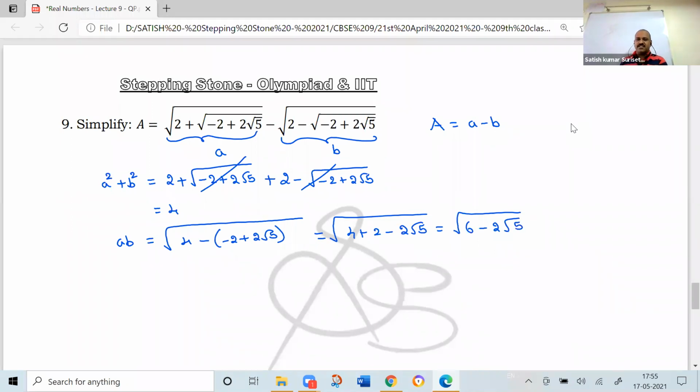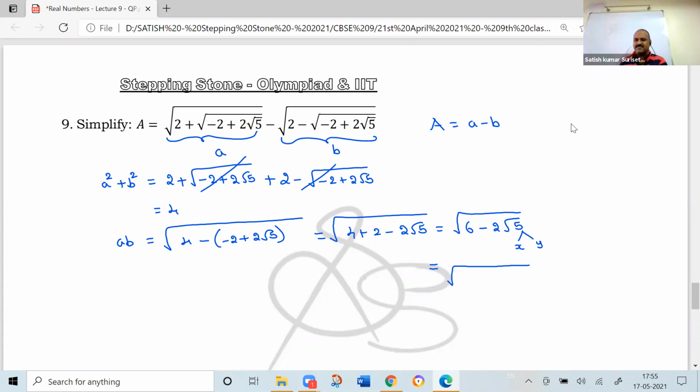Now again this you have to express inside as a perfect square. So how to express: you write this as a product of two factors such that the product must be 5 and the sum must be 6. So what way can I split that?